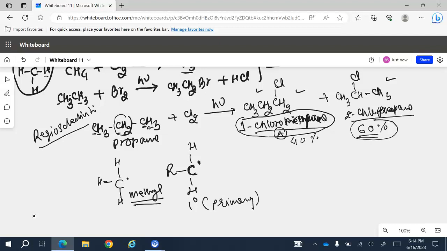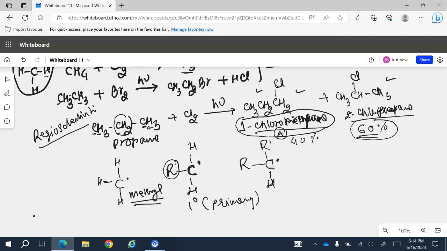You need to be very comfortable identifying the carbon that has two hydrogens and one R group, one carbon-containing group, any group it could be; that is your primary. But if the carbon that possesses the radical is connected with two R groups, which can be the same or different, R and R prime, and only one hydrogen, this is the carbon with the radical that is connected with only one hydrogen.